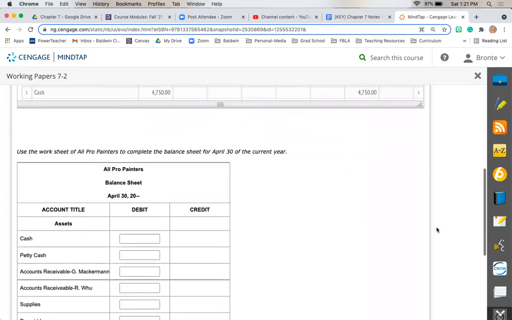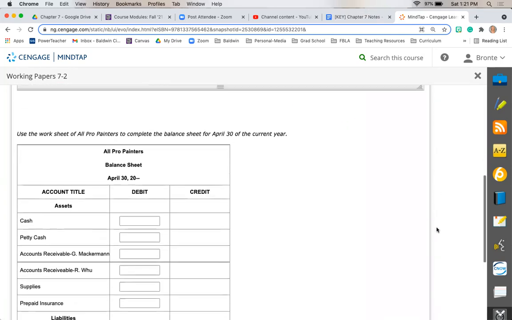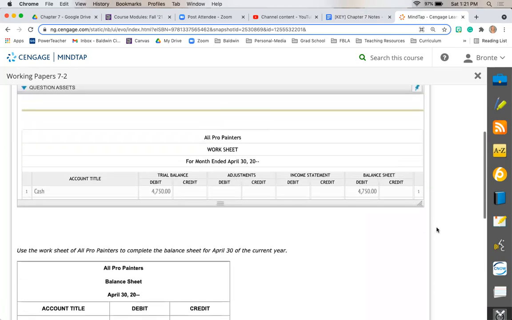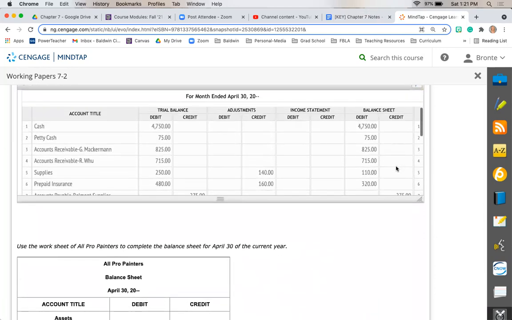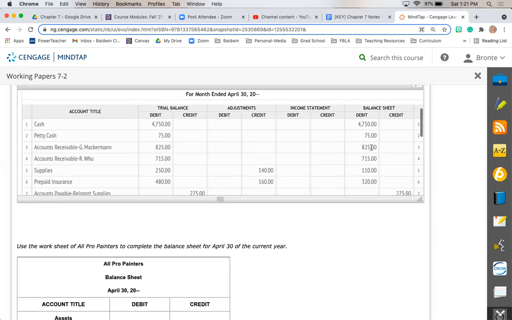All right, next we're going to bring down our balances. Our first balance here is going to be cash. Make sure that you are not using balances from the trial balance. You want to look at our balance sheet columns over here, because remember we've updated our supplies balance and prepaid insurance. If you pulled the balances from the trial balance, those would be incorrect. So we're looking at our balance sheet columns.